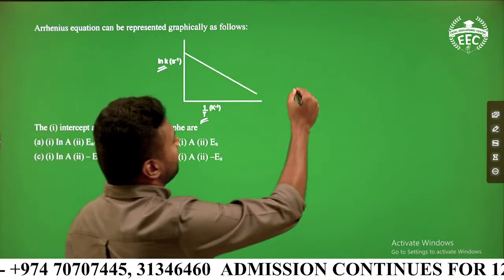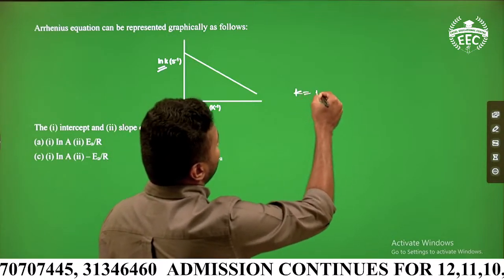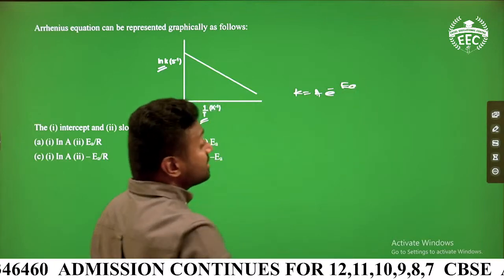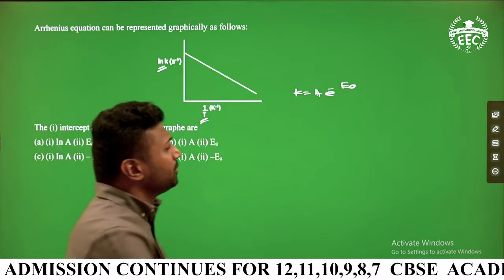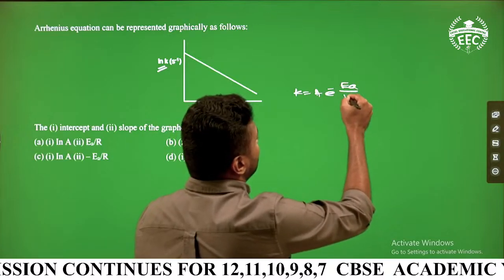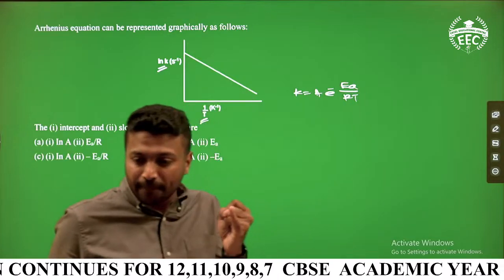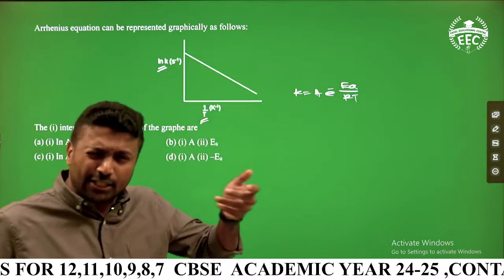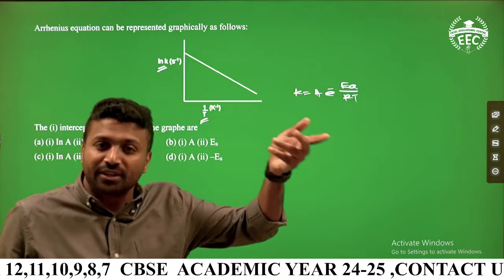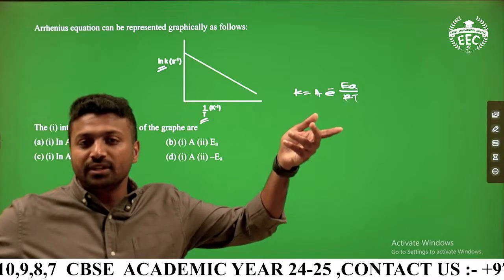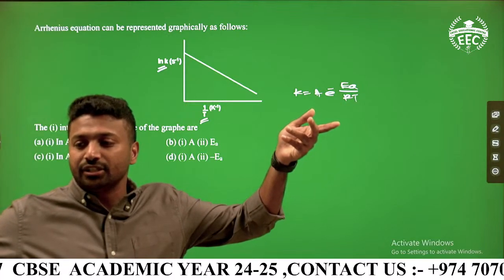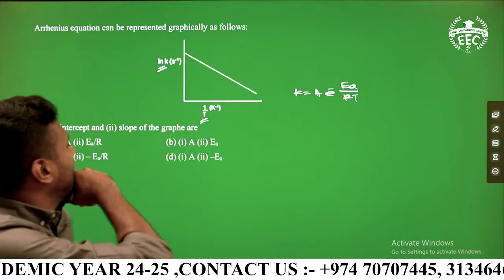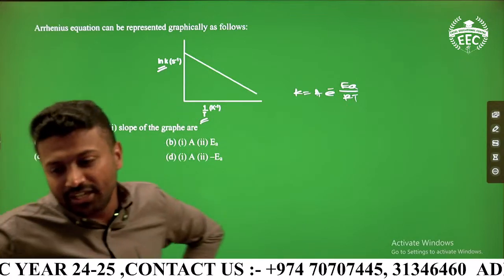The Arrhenius equation is given by the formula K is equal to A into e raised to minus Ea by RT, where K is the rate constant, A is called the Arrhenius constant or Arrhenius factor, e is the exponential function, Ea is called the activation energy, R is called the universal gas constant, and T is the temperature. So create an equation in terms of ln K and 1 by T to get a straight line.